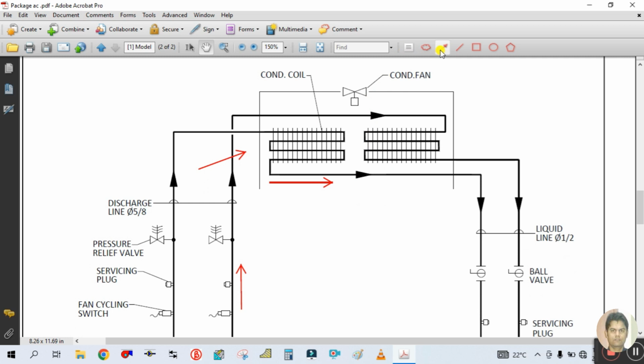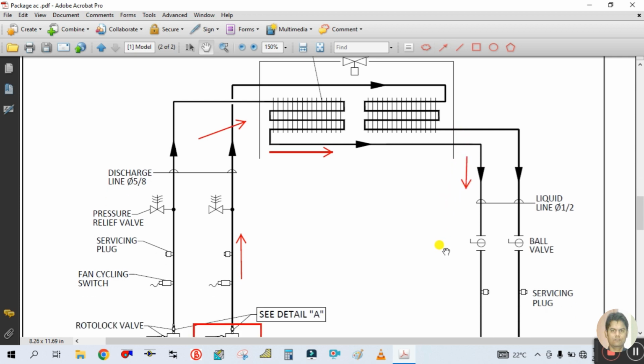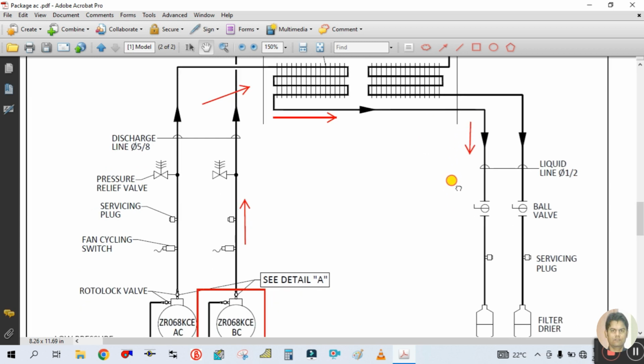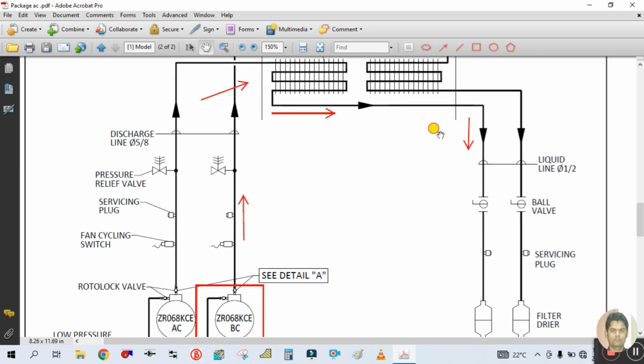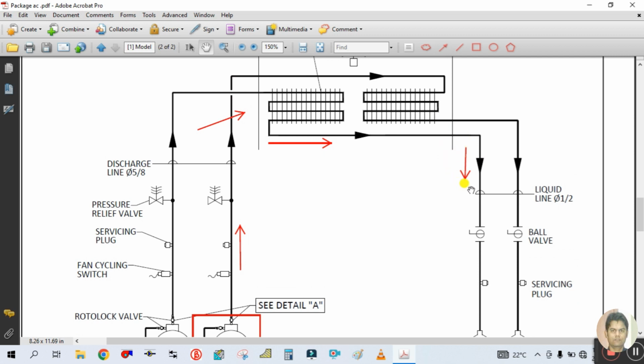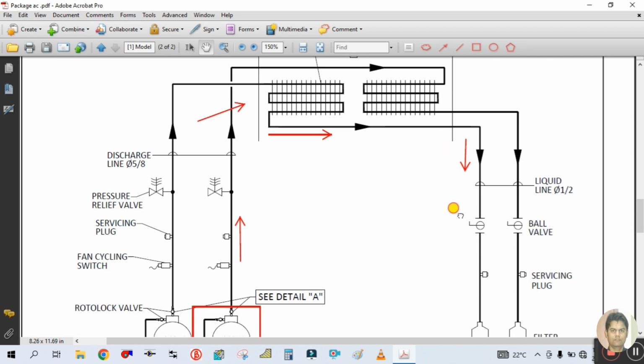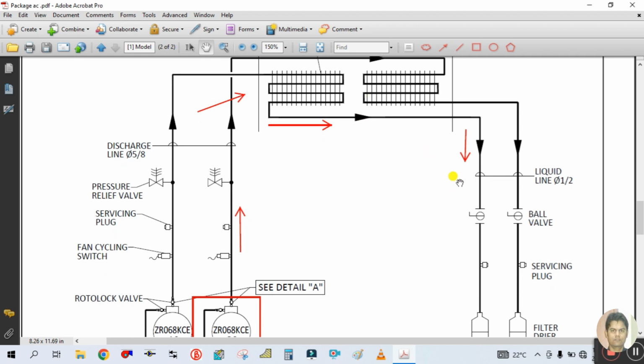This high pressure, high temperature liquid refrigerant now starts passing through this line. At this stage the refrigerant is still at high pressure and the temperature is also high, but its phase has changed from vapor to liquid.